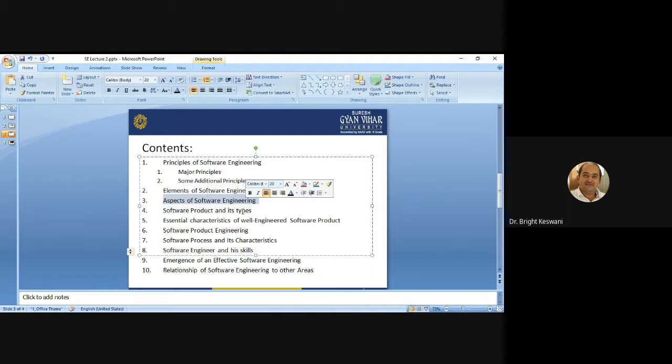Second is writing large programs. Third is preparing documentation. Fourth is testing and integrating code. Then creating maintainable code is the next aspect. The sixth aspect is using tools. And the last aspect is quality assurance.